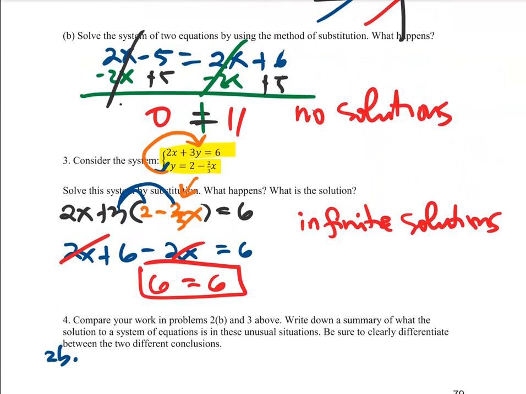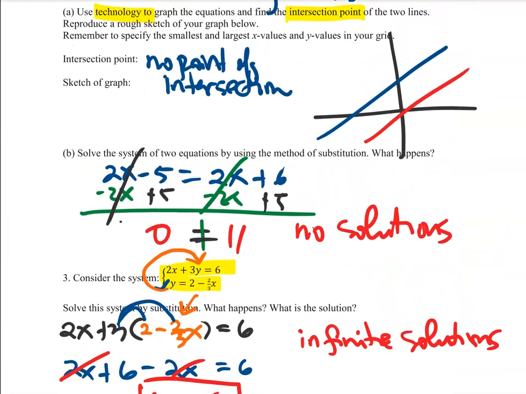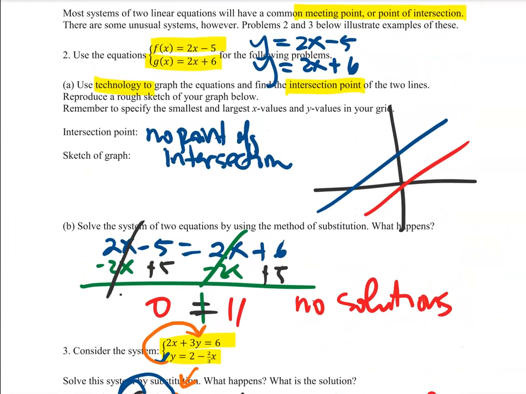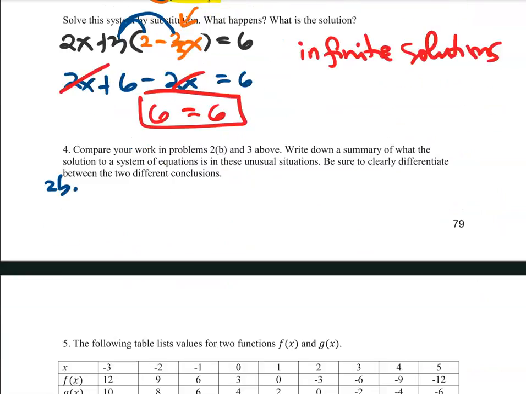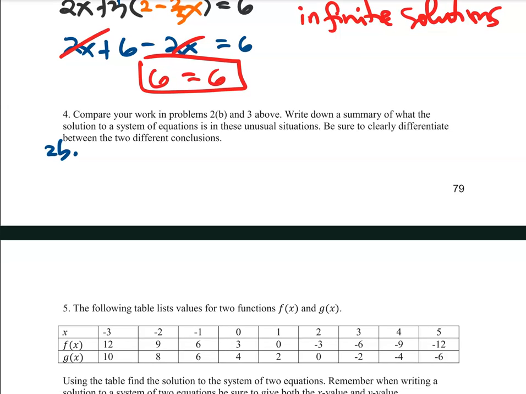What do you notice about these two equations here? Look at this. They have the same slope, same slope of 2, different y-intercept. So meaning they are parallel lines and no point of intersection. So we can write it down here.